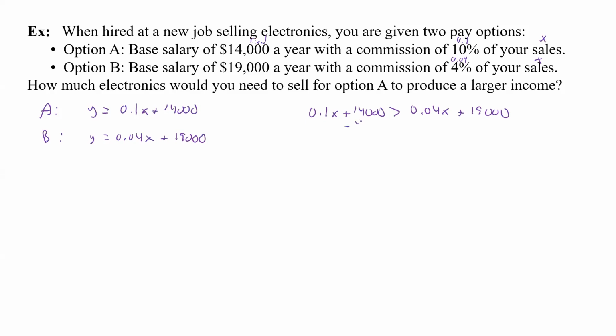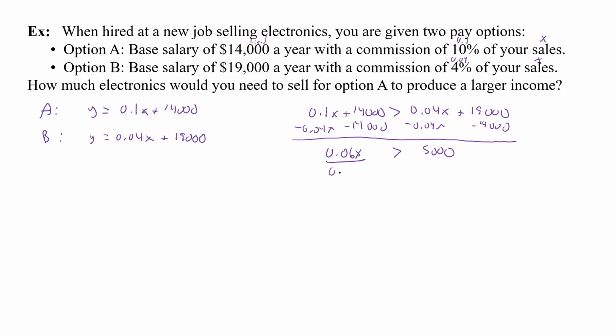So first off, we'll subtract 14,000 on both sides. And here, I'm going to take the 0.04 over here. So two things in one step. And so that's going to be greater than, and 19 minus 14 is 5,000. And 0.1 minus 0.04, that's going to be 0.06x.